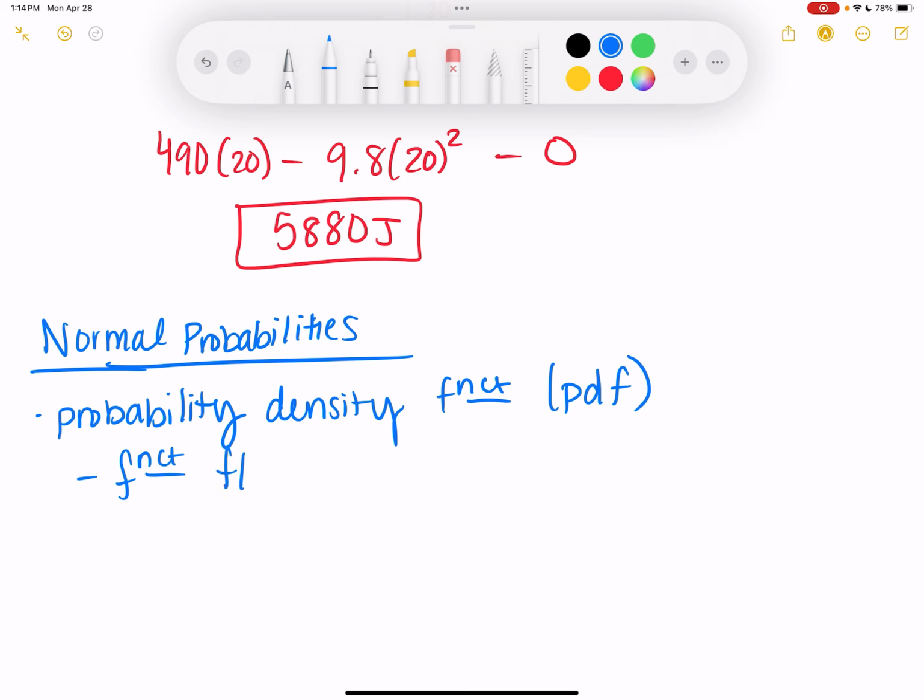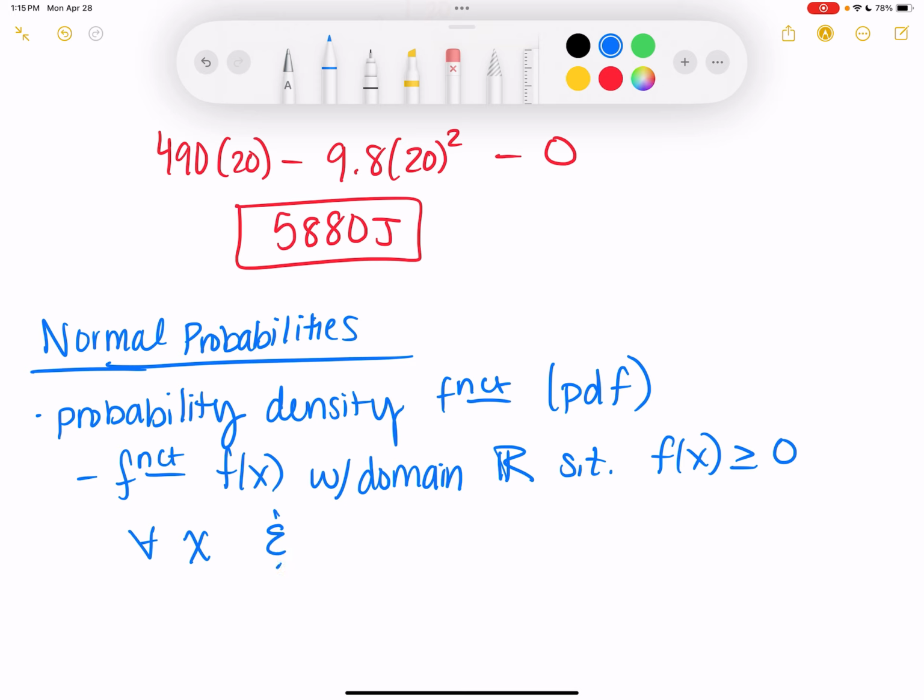The function f of x with domain all real numbers, such that f of x is greater than or equal to 0 for all x, and the integral from negative infinity to positive infinity of f of x dx is equal to 1.